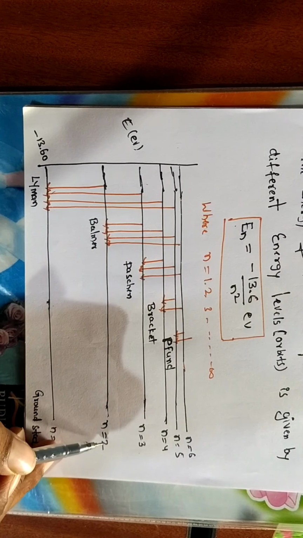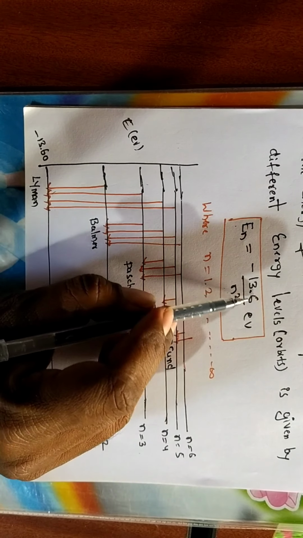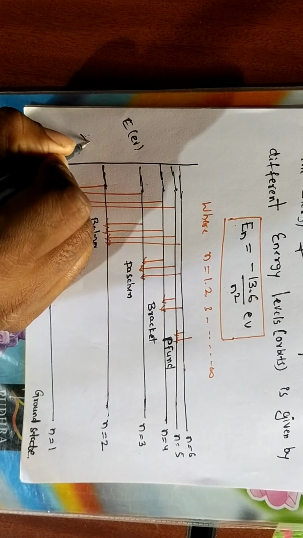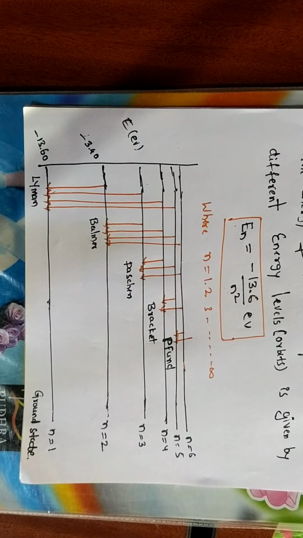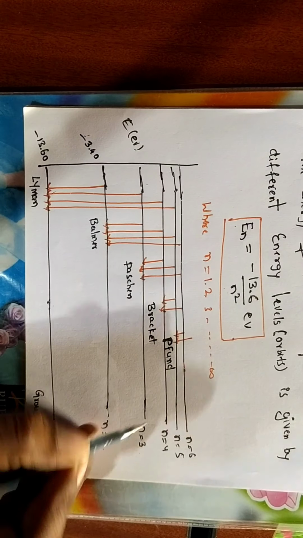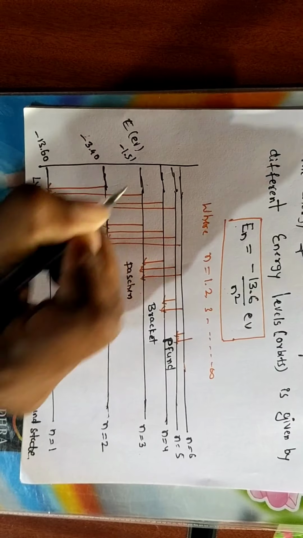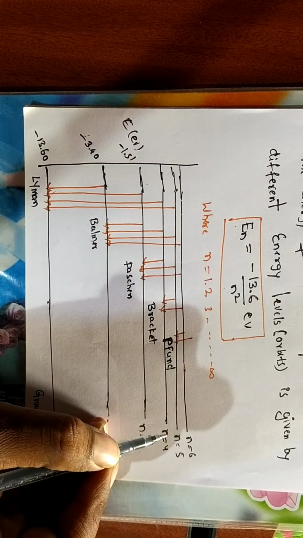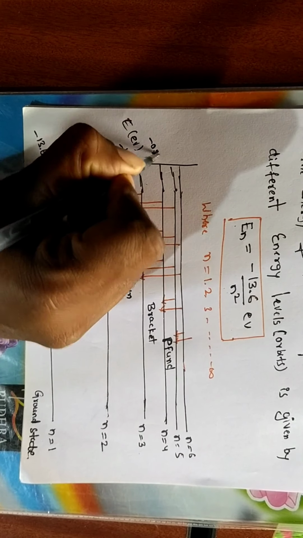Same for the second orbit. In the place of n, 2 square means 4. Minus 13.6 divided by 2 square, its value is minus 3.40. Like that, for n equal to 3, 3 square, its answer is minus 1.51. Next, the fourth one, 4 square means 16, minus 0.85.